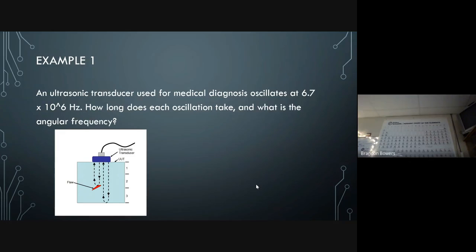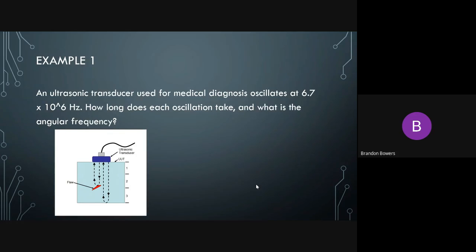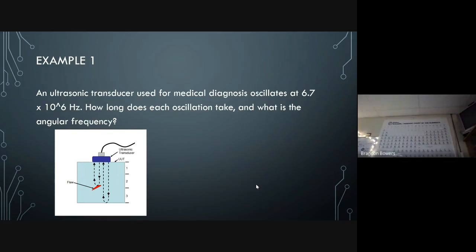And the third one was force is equal to negative kx. Now, a little tricky because we have F and F, but both F's mean different things. We have a lowercase and a capital. Just a heads up. Lowercase is frequency, capital is force.